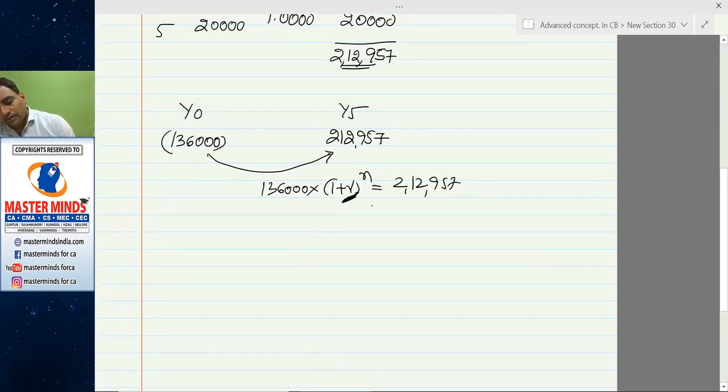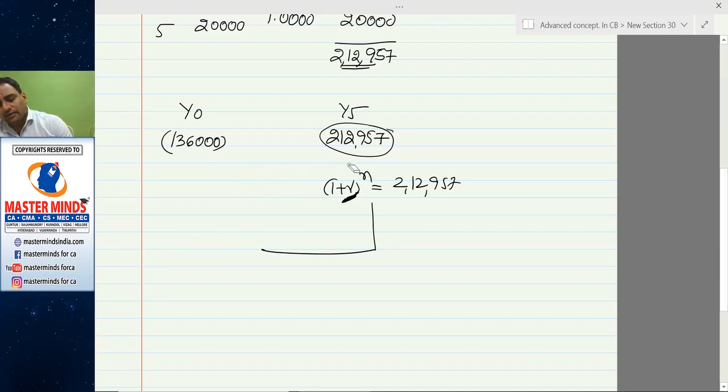Or if you take the present value, 2,12,957, at what rate this present value of this cash flow equals 1,36,000 is the modified IRR.